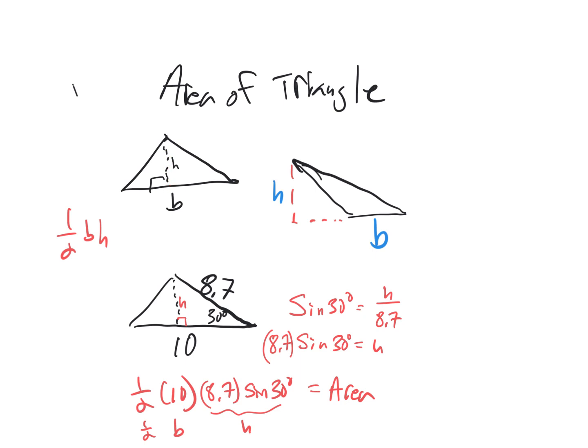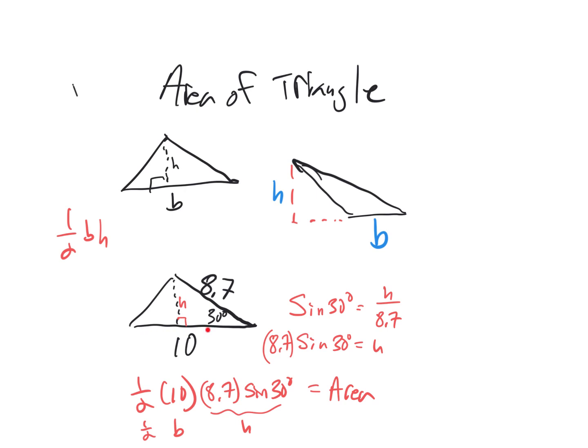And that can happen inside the triangle. It can also happen outside the triangle, but the base is still just the side of the triangle, and we don't know that height, which can be outside the triangle. So how do we find the area of a triangle, or how do we find the height of a triangle when we only know two sides of the triangle and the included angle?